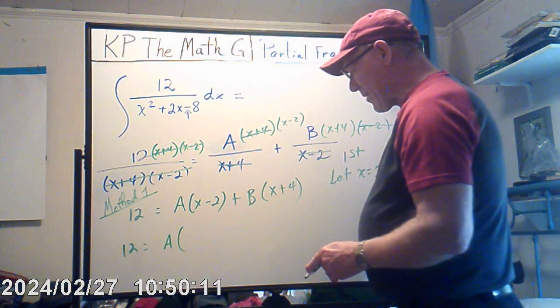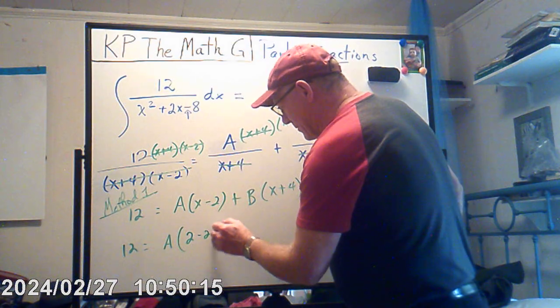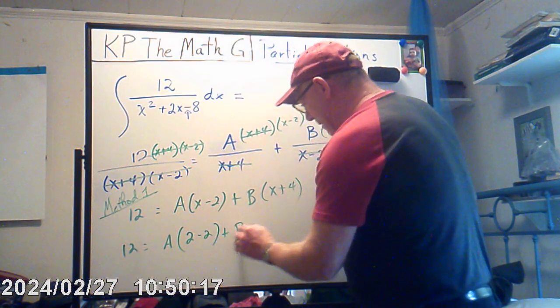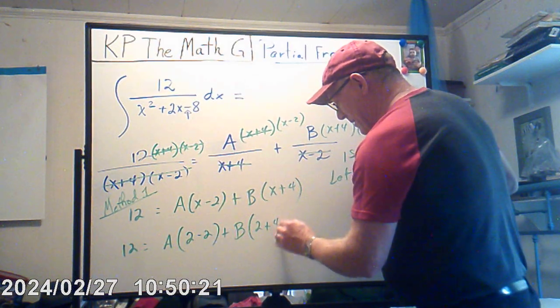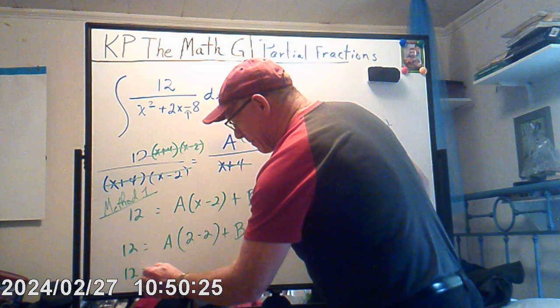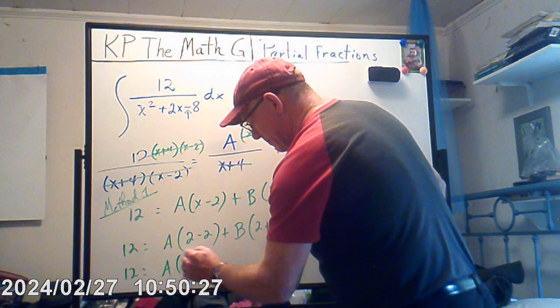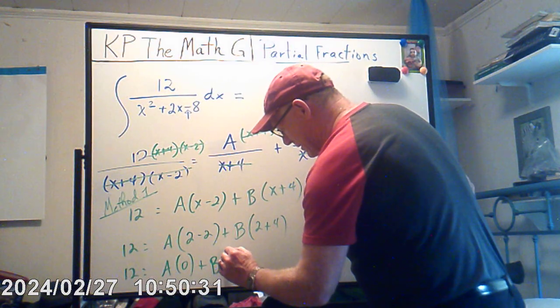So 2 is x. So 2 minus 2 plus b, now x is 2, so 2 plus 4. This is 0, so 12 is equal to a times 0 plus b times 6.